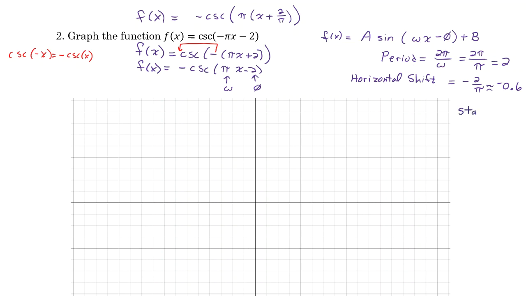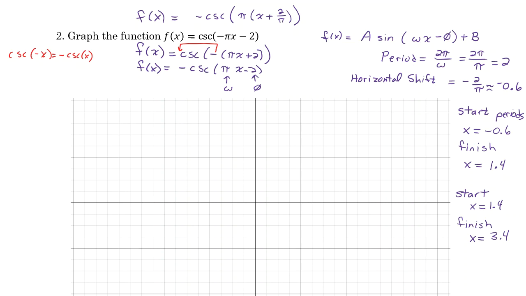So we're going to start one of the periods at x equals negative 0.6, and then we're going to finish at x equals, add 2 to that, 1.4. And then the next one will start at x equals 1.4 and finish, if we wanted to graph 2 periods of this, 2 units later at 3.4. So let's set our scale to make those somewhat easy.